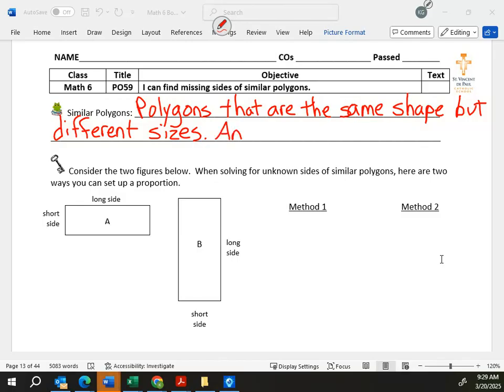Angles are congruent. Sides are proportionate.